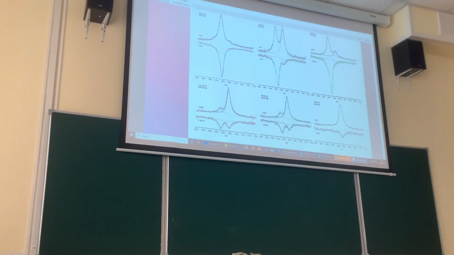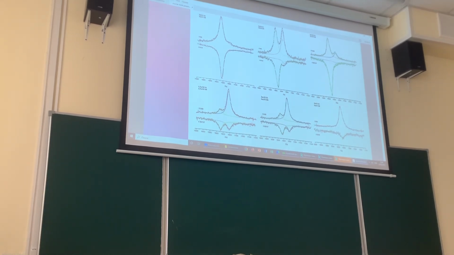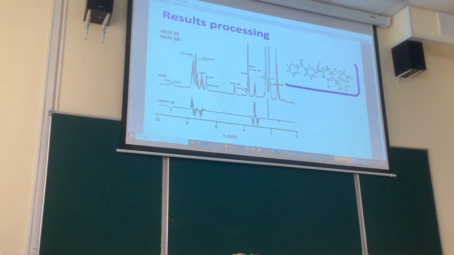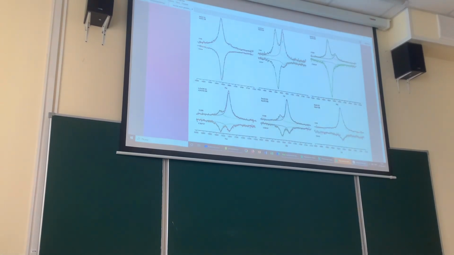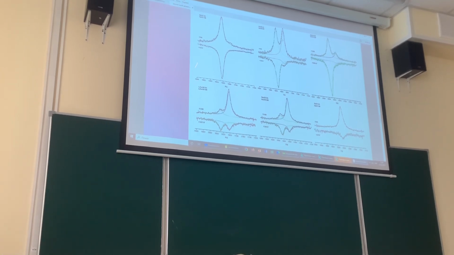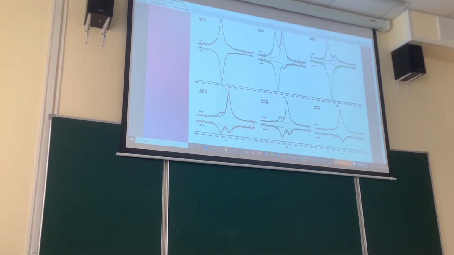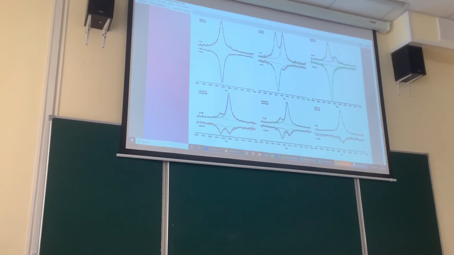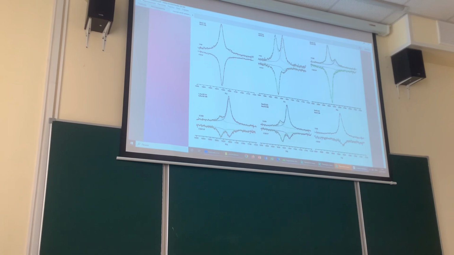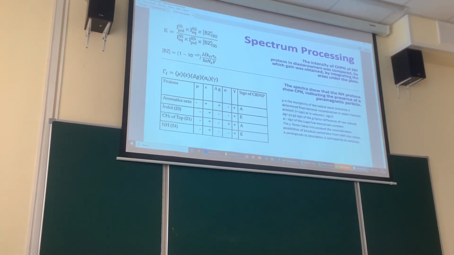These spectra show us different concentrations, and they are studied on NH protons on tryptophan. You can see CIDNP and NMR. The first spectrum is NMR, and the lower is CIDNP. The left one is SS, and the right one is SR in each spectrum.